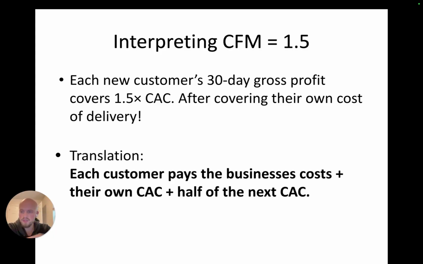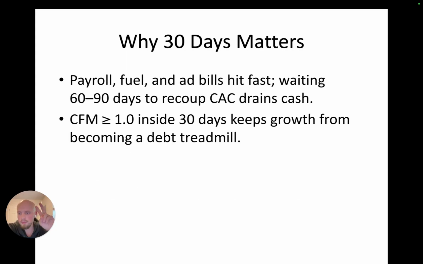So, in simple English, each customer is paying for us to deliver on them. They paid my cost to acquire them, and then half of the next guy's. So every time I get two customers, I get my third one for free, basically. And then I don't have to continue to put money in. We'll get to that in a second.